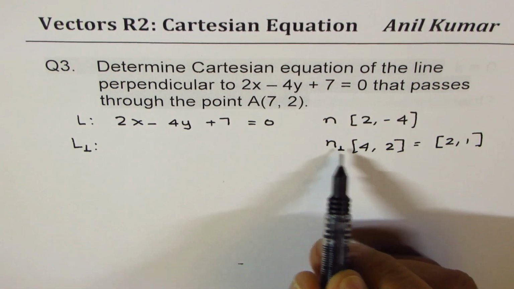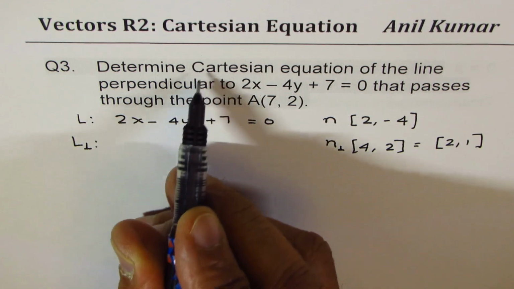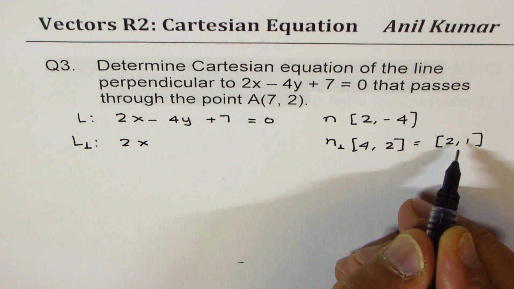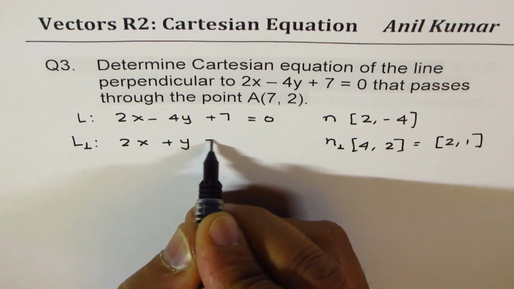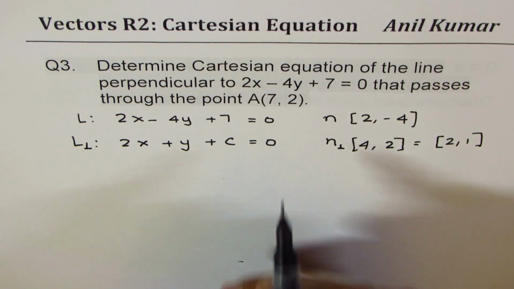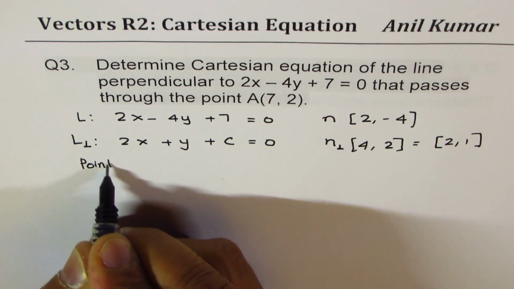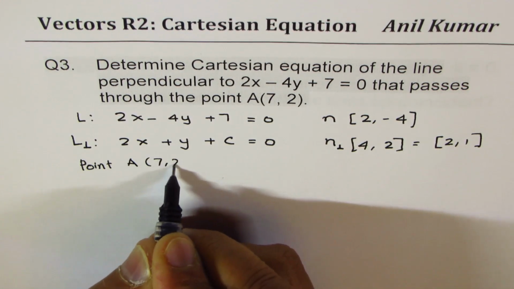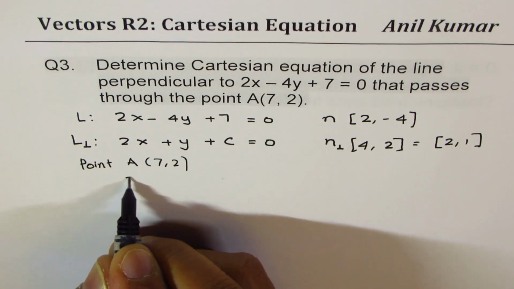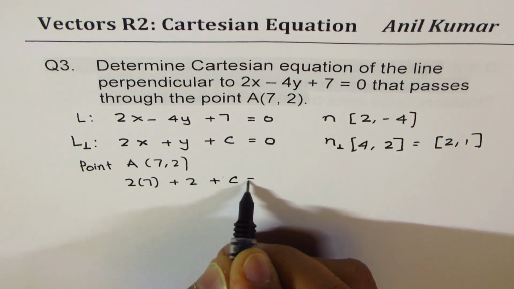Okay. So if (2, 1) is normal for our line, in that case, we could write in Cartesian form 2x plus y plus c equals to 0. So that makes sense, right? Since we know that point A, which is 7, 2, lies on this line, we can substitute x for 7, y for 2. So we get 2 times 7 plus 2 plus c equals to 0.